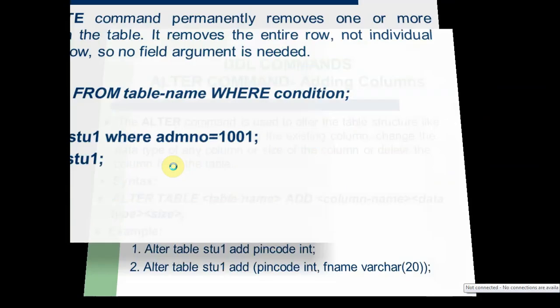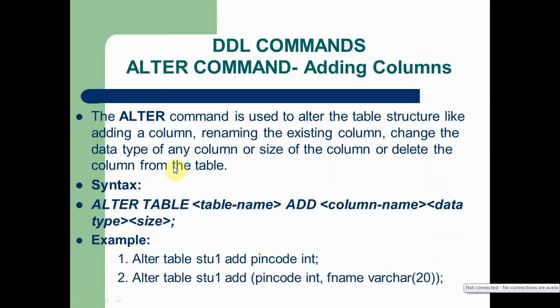Now I'm going to the next command, DDL, data definition language, which we already learned. The command create is used to create a database as well as a table. Now there is another DDL command called alter. This command is used to change the structure of the table.